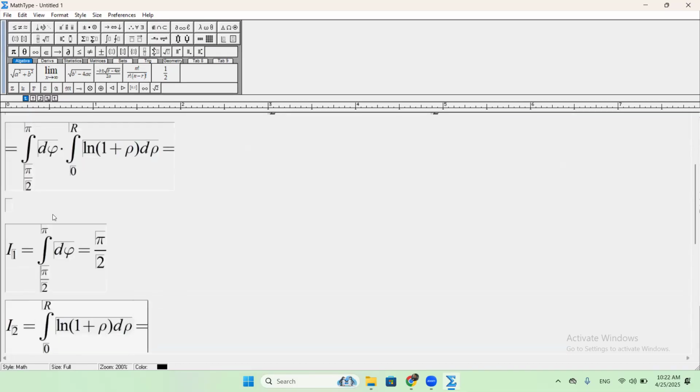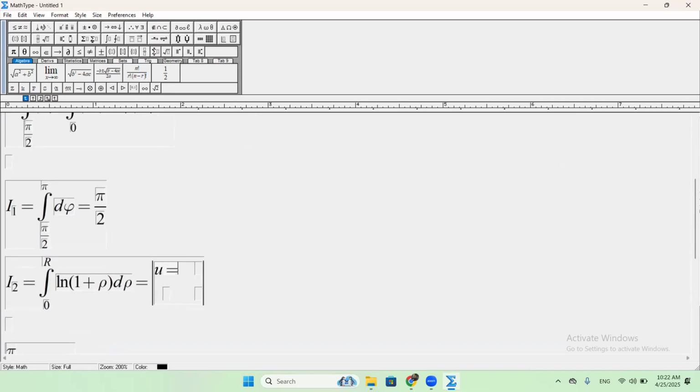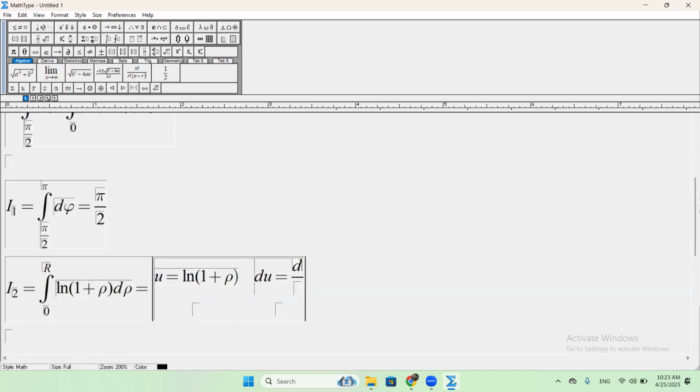So in this case, u will be equal to the logarithm. Then du equals d rho by 1 plus rho. Then dv equals d rho, and v equals rho.